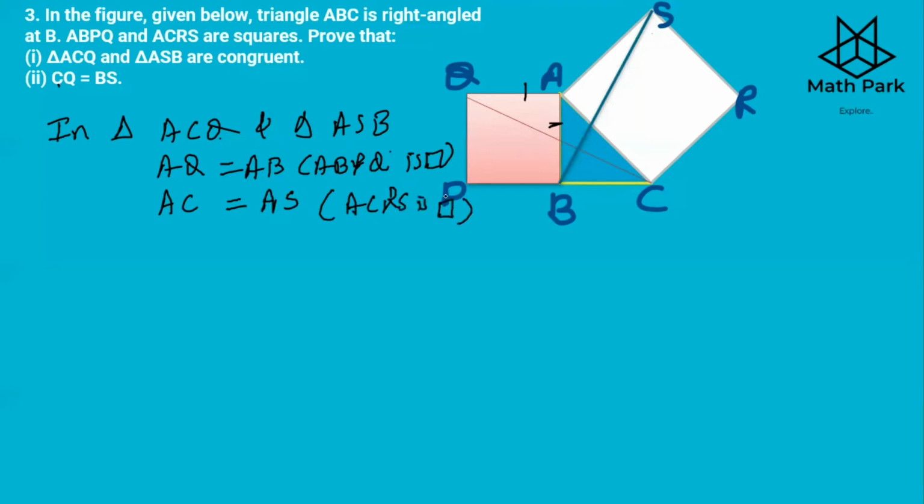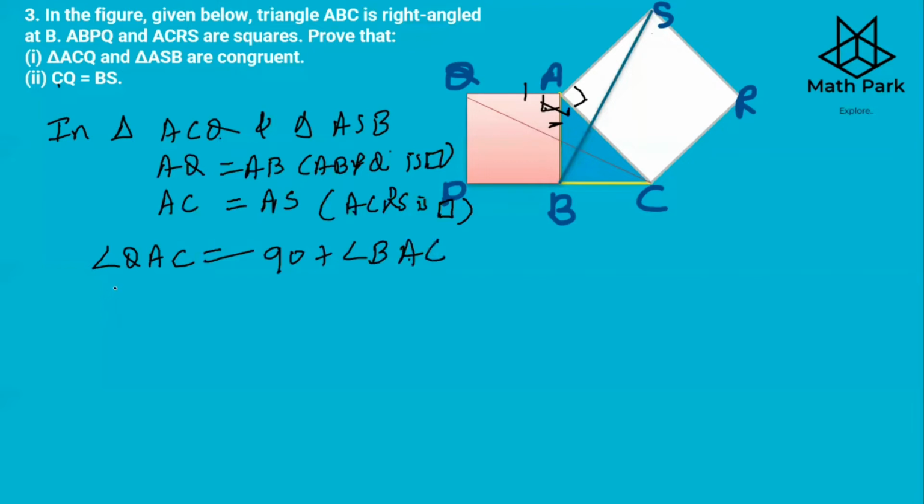Okay. The next we will have the included angle. See, look, this angle is 90 degrees and this angle is 90 degrees. So if I add angle 1, I'm getting this included angle equal. So angle QAC is equal to 90 degrees plus angle BAC. BAC is common to both.